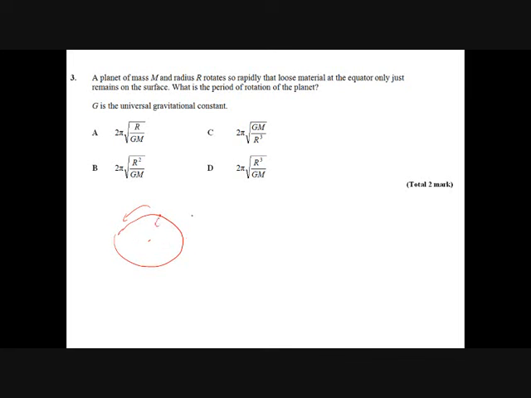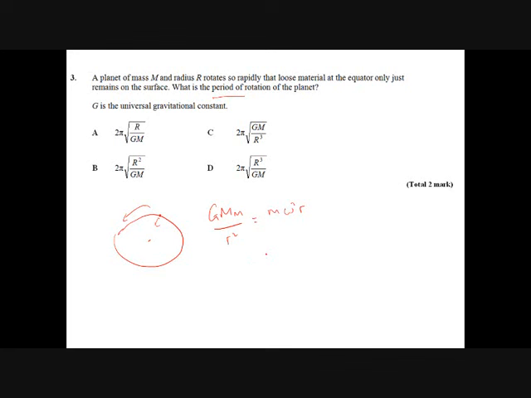So we've got a gravity here which we know is GM over r squared is the force of attraction on these things, and that's just about enough to keep it in a circle, m omega squared r. I've chosen omega now because we want the period of rotation, easier to go from omega to T than it is to go from the v squared over r equation.